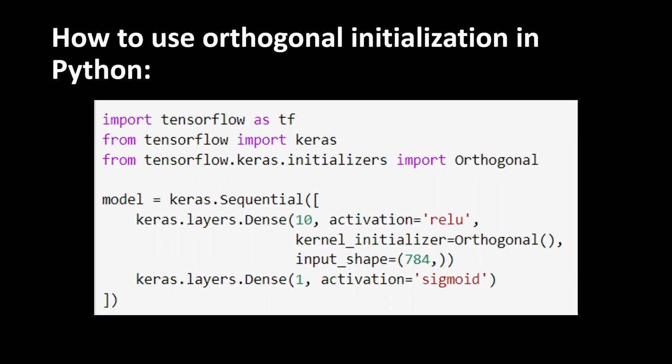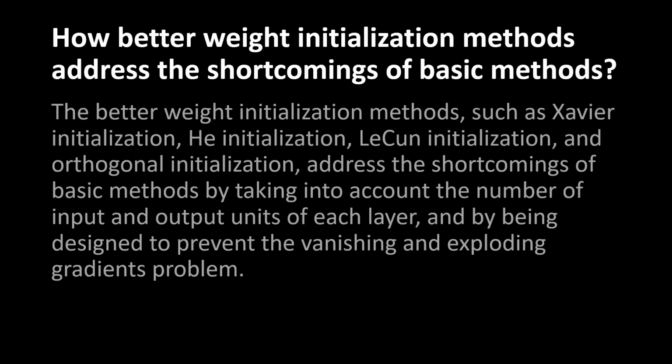So here is a representation of orthogonal initialization in Python. In this we have to import the orthogonal method from keras.initializers, which is present in the TensorFlow package, and the activation function here is again ReLU.